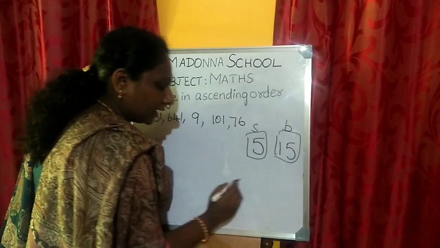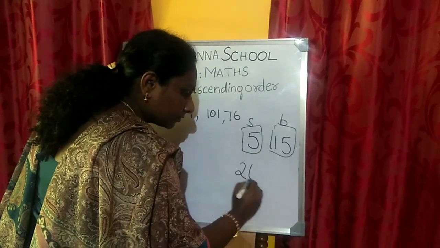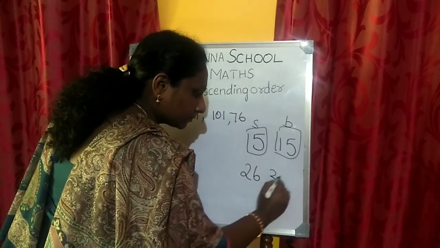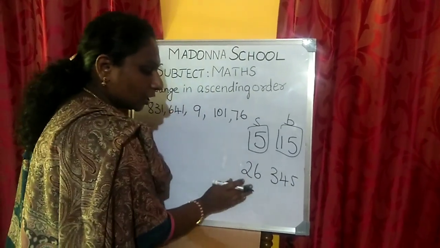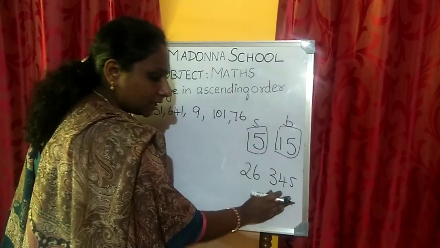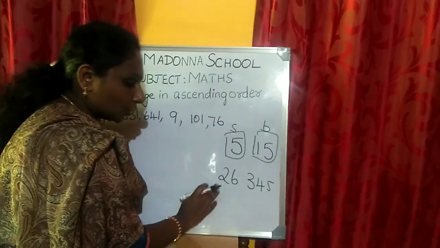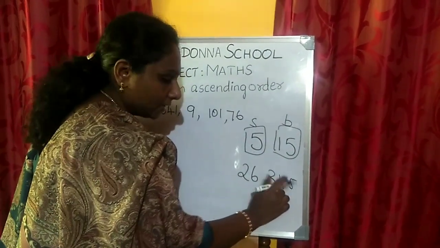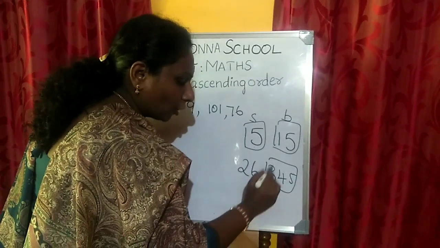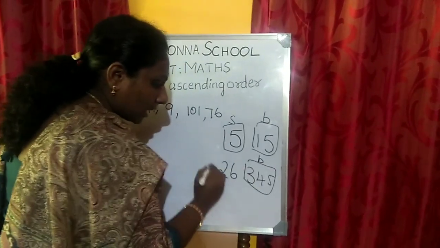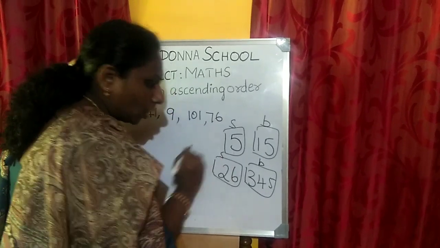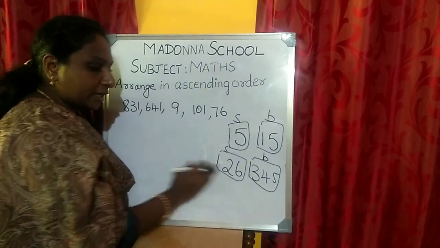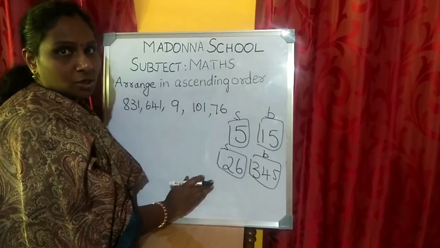Let me take another example. 26 is a 2-digit number and 345 is a 3-digit number. So 26 is smaller than 345. So 345 is bigger and 26 is smaller. It helps you to find out which is big and which is small.